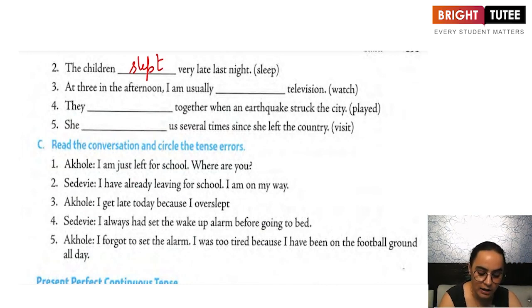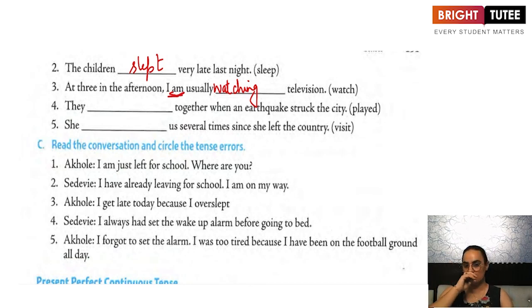At 3 in the afternoon, I am usually watching television. This is a routine that you do every day. So I am usually watching television. Moreover, I have am. So with am, I use the continuous form of the verb. They dashed together when an earthquake struck the city.